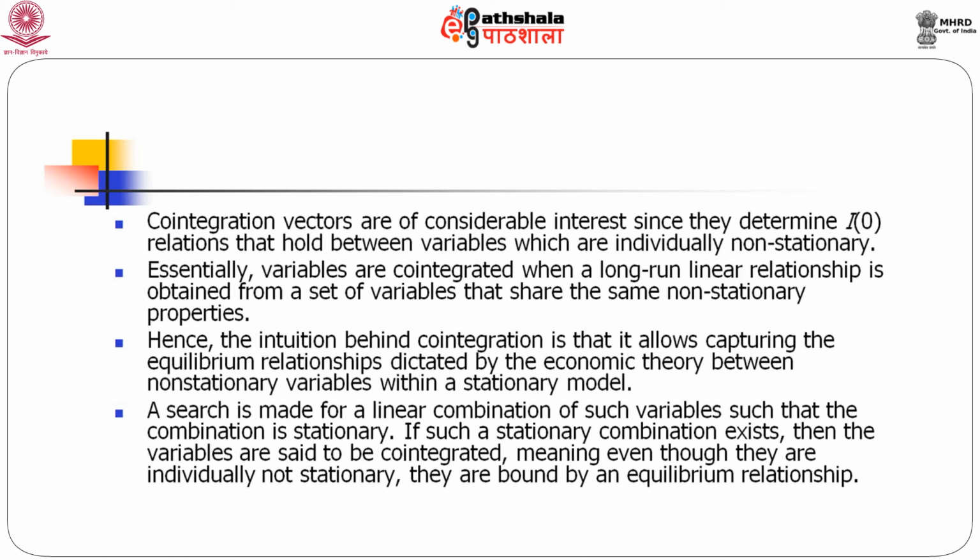So, the basic idea is that we can combine two or more different non-stationary variables into a stationary relationship such that you can claim that an equilibrium relationship exists between the variables that you have used.